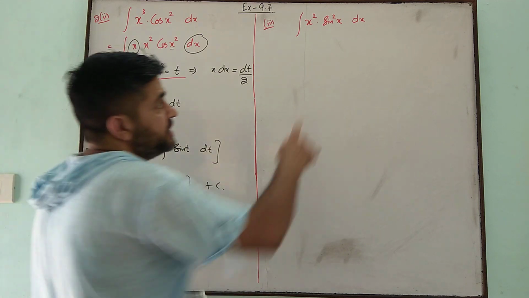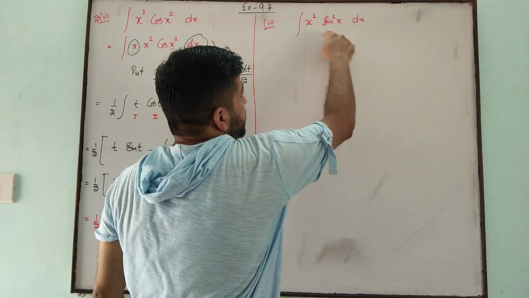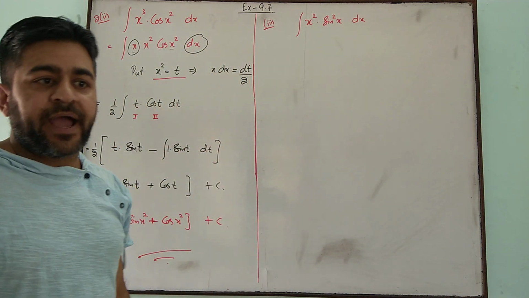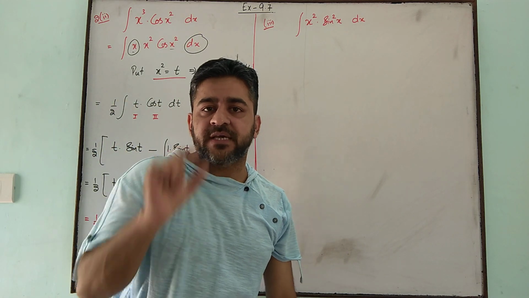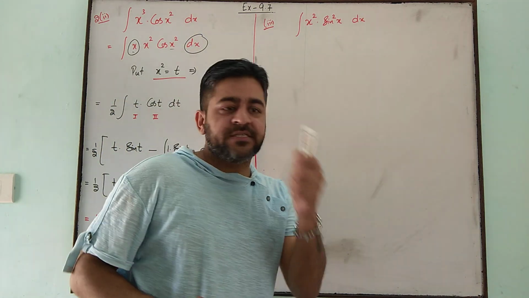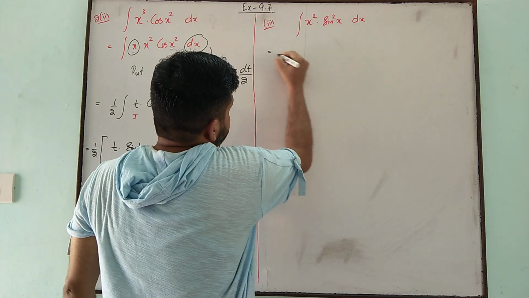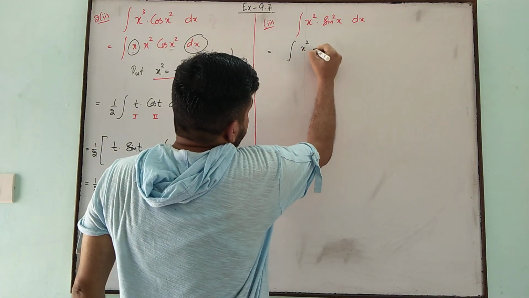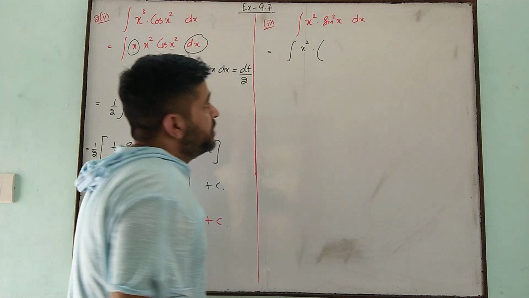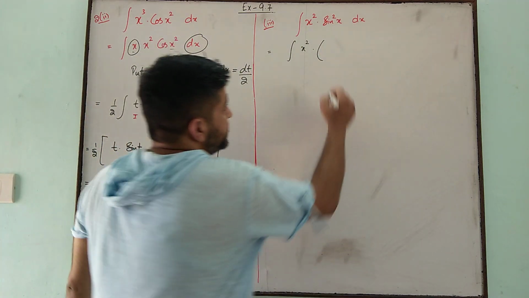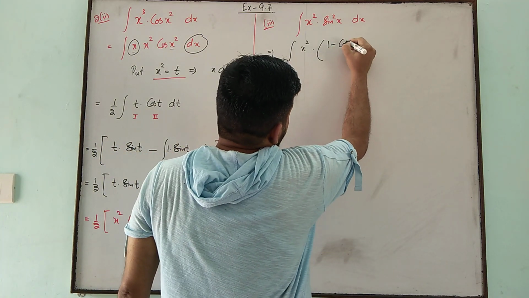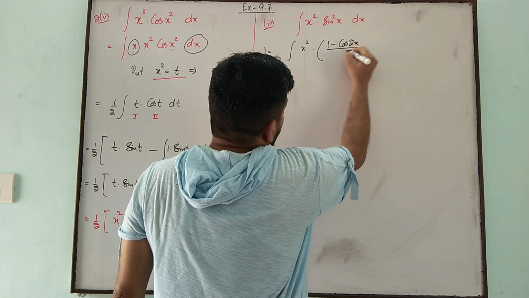Now we do not have a linear angle, but sin square we cannot integrate directly, as we did in the very first exercise. How to integrate sin square x is, change it into a formula in which the power will be removed, that is 1 minus cos 2x upon 2.